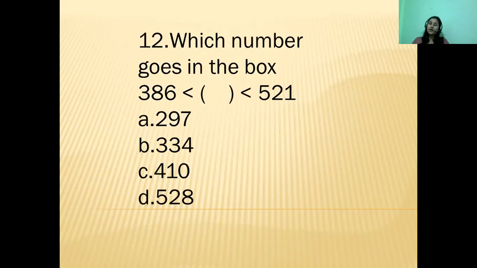What do you think? How are you going to think? My dear kids, we know this sign. This is the crocodile mouth, the crocodile's face. And the crocodile's face is always toward the bigger number, we know that. And what is this sign? Smaller than. That means 386 is smaller than. You have to put a number here from these options, and that number should be smaller than 521.